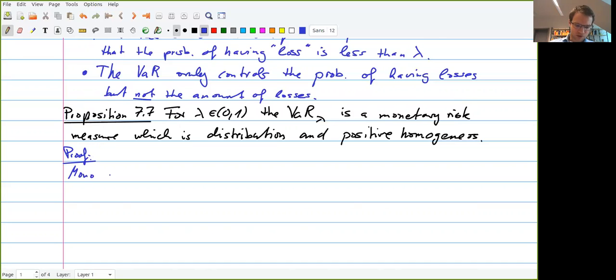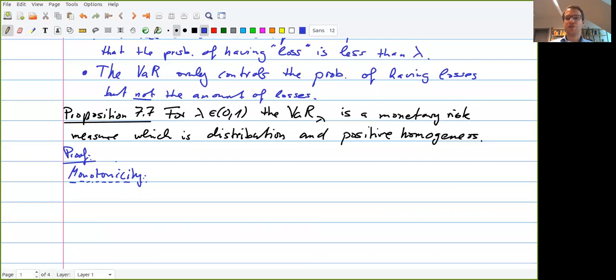First thing is monotonicity, as I said. So actually, the proof is rather simple, I would claim. But we need to get our head around going from the distribution to the inverse, because we want to work with quantiles here.